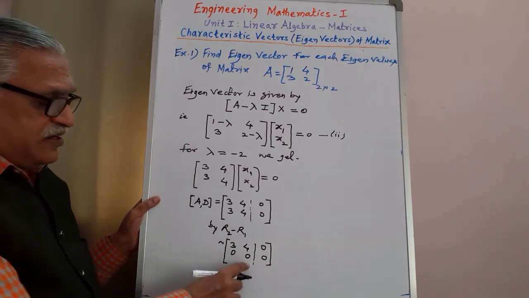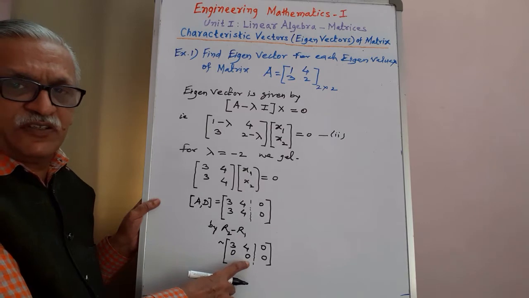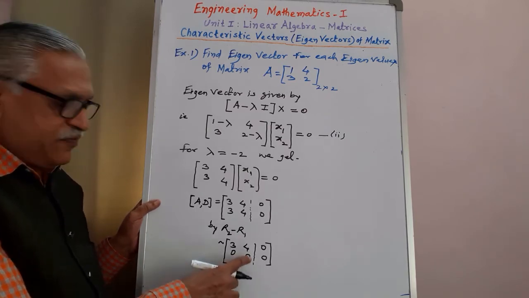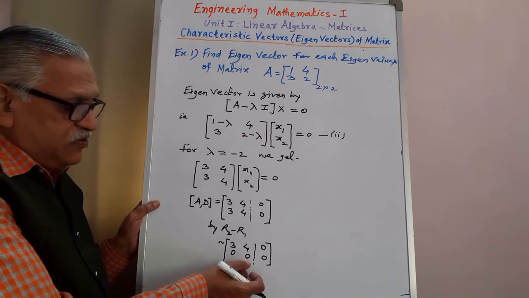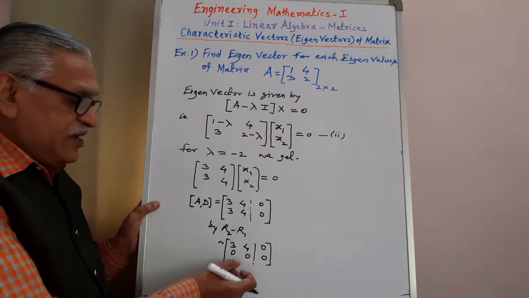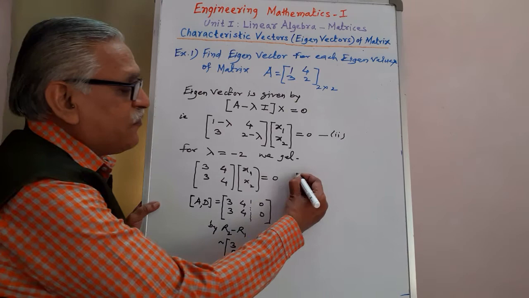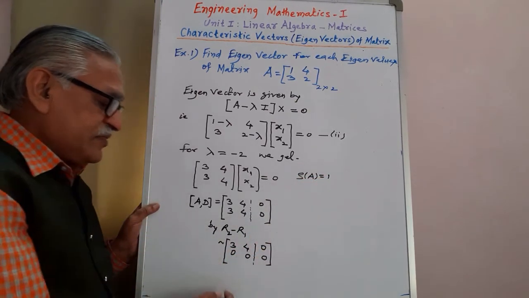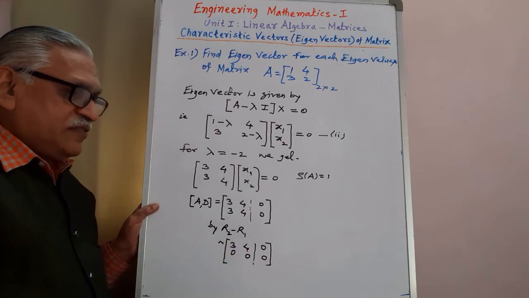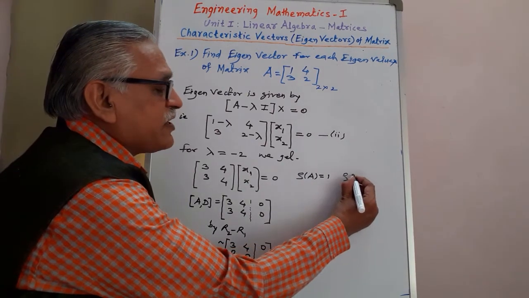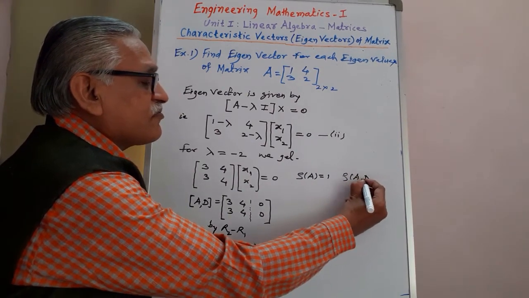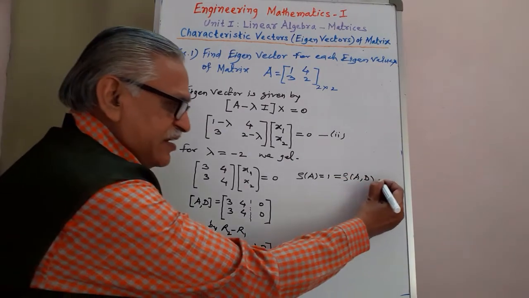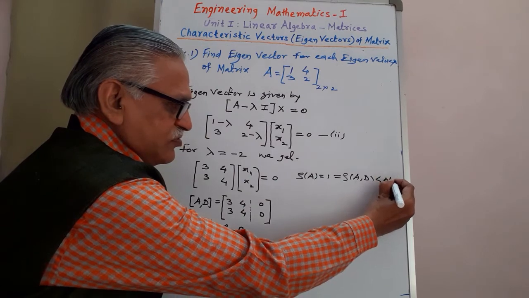Okay, the second diagonal element becomes 0 in the process, and it is not possible for us to make it non-zero, therefore we stop here, calling this the canonical form. After getting the canonical form, we find the rank of A. Here the rank of A is 1, the number of non-zero rows, and the rank of the augmented matrix is also 1, and it is less than the number of unknowns.